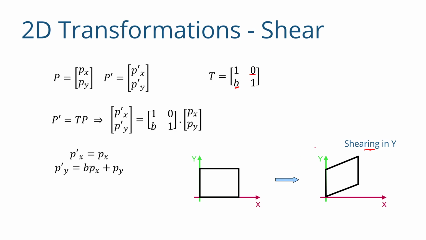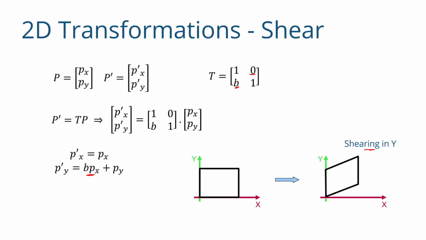Okay, so I just showed you shearing separately in y and x to give you an idea of what shearing is all about. But you can have general shear in the 2D plane. Okay, so when you are shearing in y, the y coordinate changes as a multiple of the x coordinate, right? The offset in y is a multiple of the x coordinate.